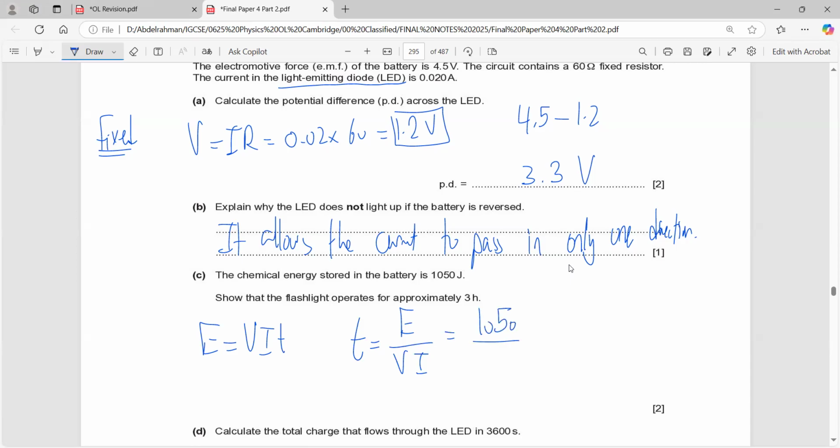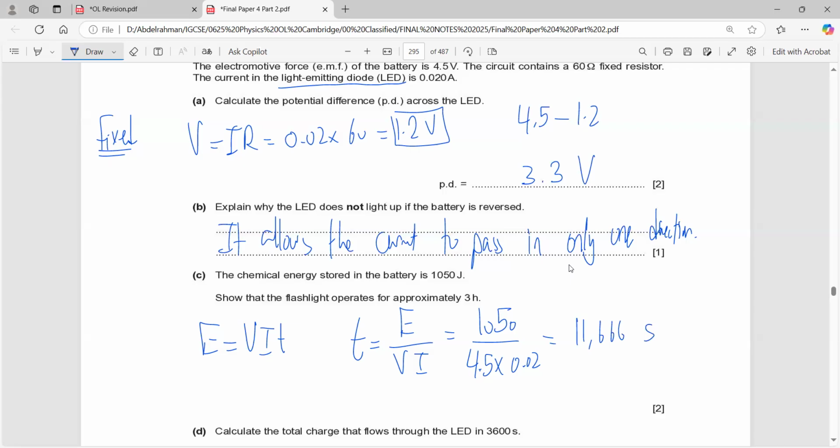What is V times I? The voltage of the battery, which is 4.5, and the current passing is 0.02. So what is the total time? 1050 divided by 4.5 times 0.02, which is 11,666.666 seconds.